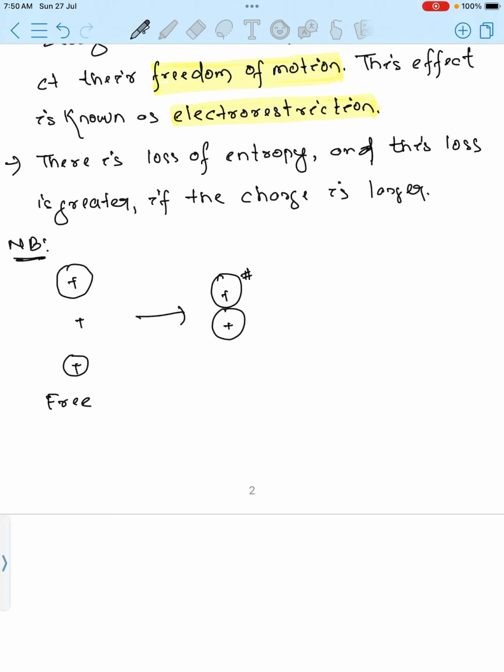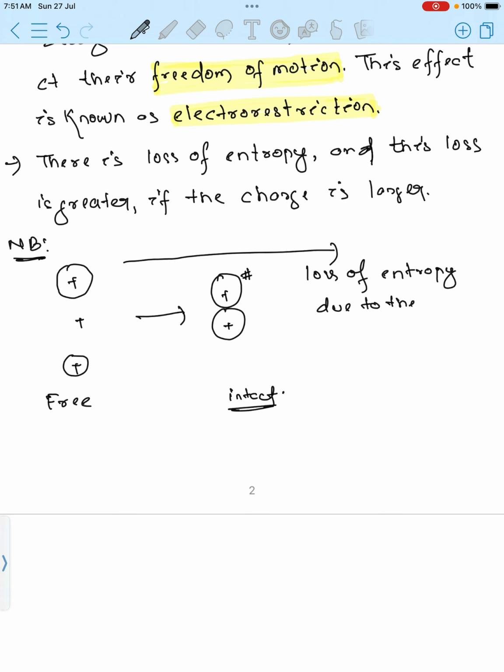But when they remain intact, the freeness or the randomness of the ions decreases in the intact structure or the activated complex. Therefore, there is some loss of entropy due to the formation of the intact structure or activated complex.